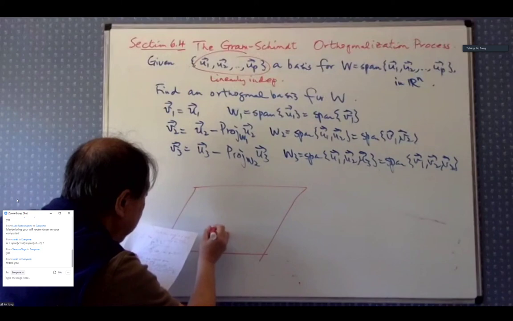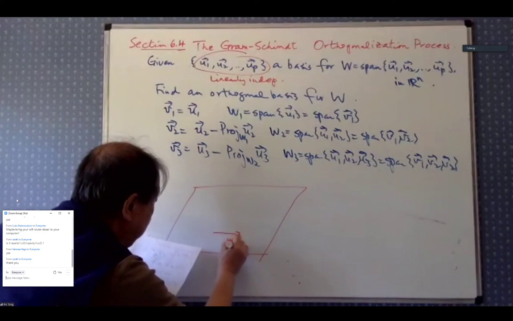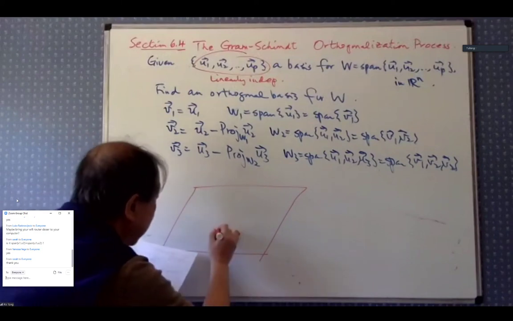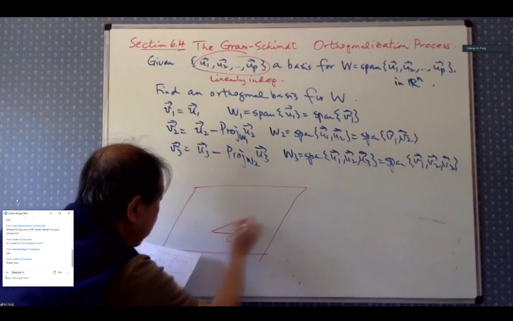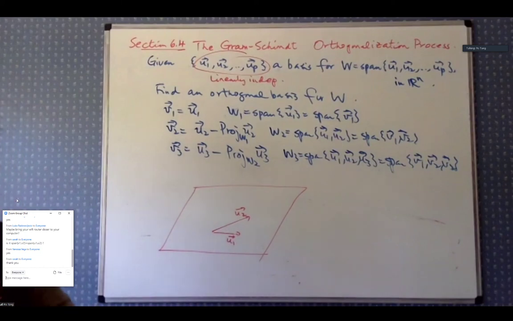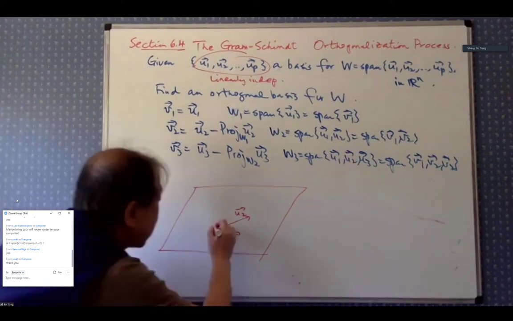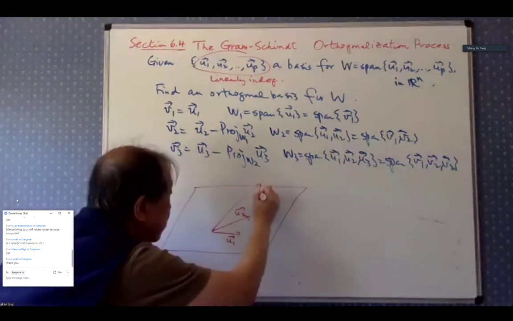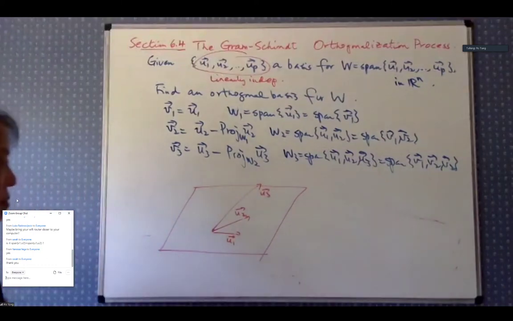So you start out with this guy called U1. You have another one called U2, and you have another one up here called U3. And they are not perpendicular.